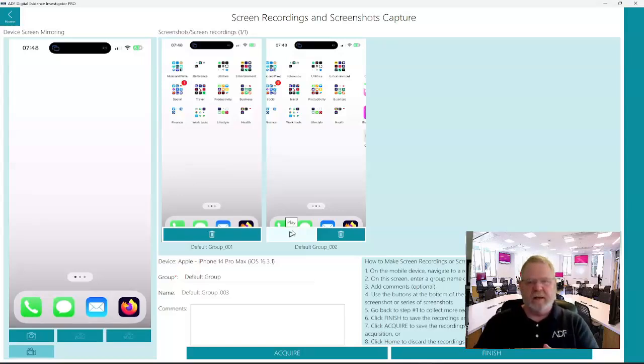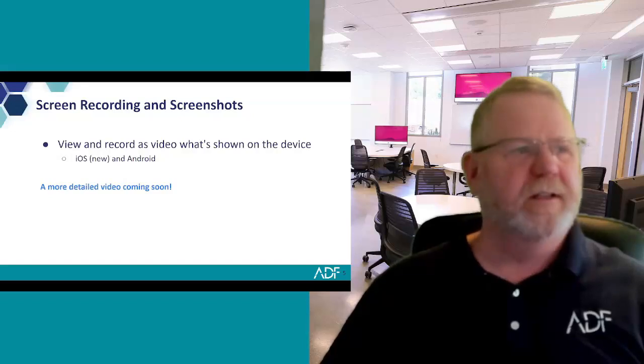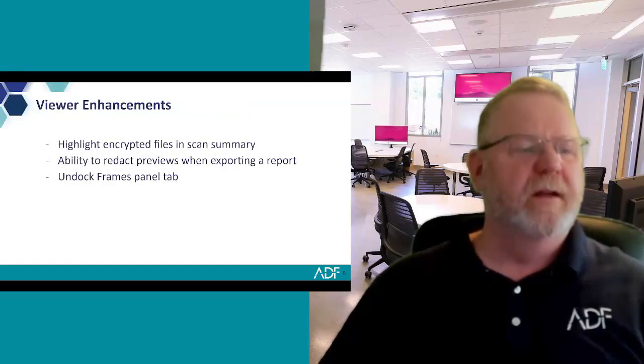So while iOS still doesn't allow us to do things like scroll or control the screen, we can see it, we can record it, and we can screenshot. Screenshot we've always had. The new portion here is the recording and being able to view the screen. And again, a more detailed video is coming on that.